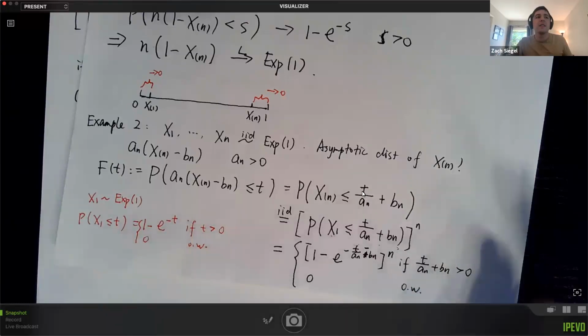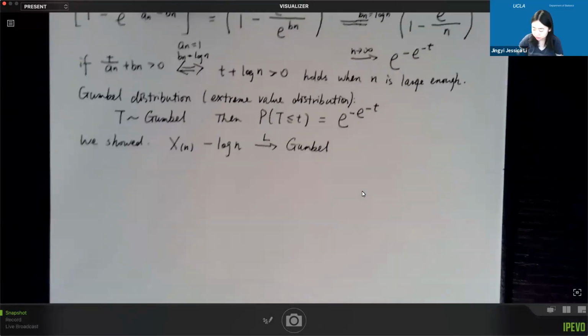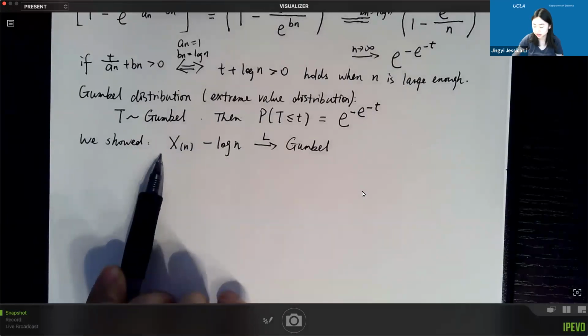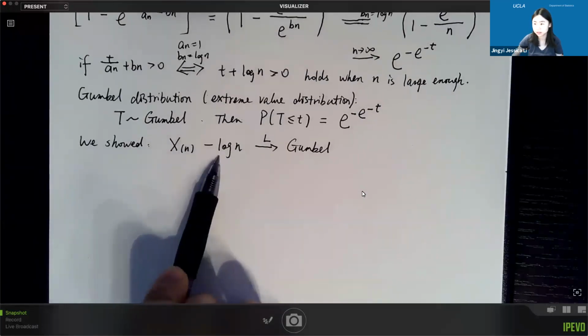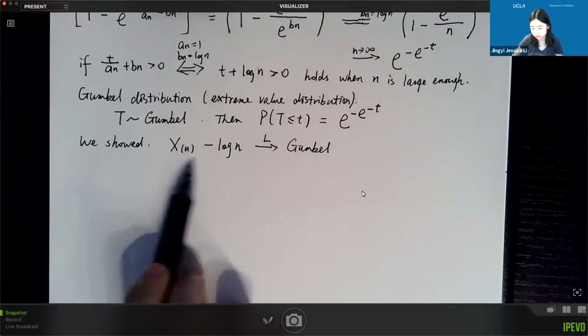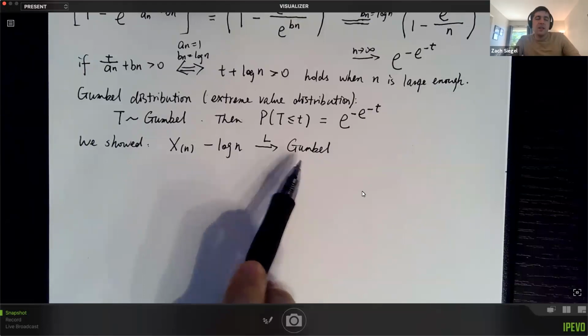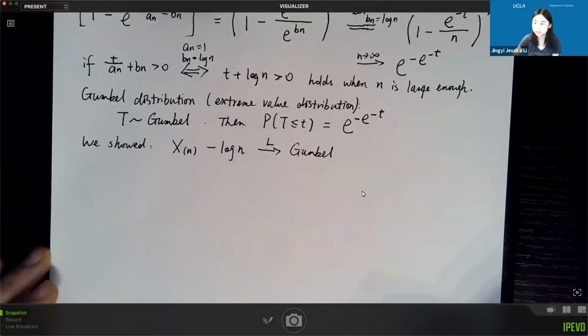If you take the variance on the left-hand side, then this minus log n will not get into play, right? It's just a shift. So basically we're saying the variance of this is convergent to the variance of the Gumbel distribution. Okay, cool. Yeah, thank you. Yeah, that's a very cool thing, I think.